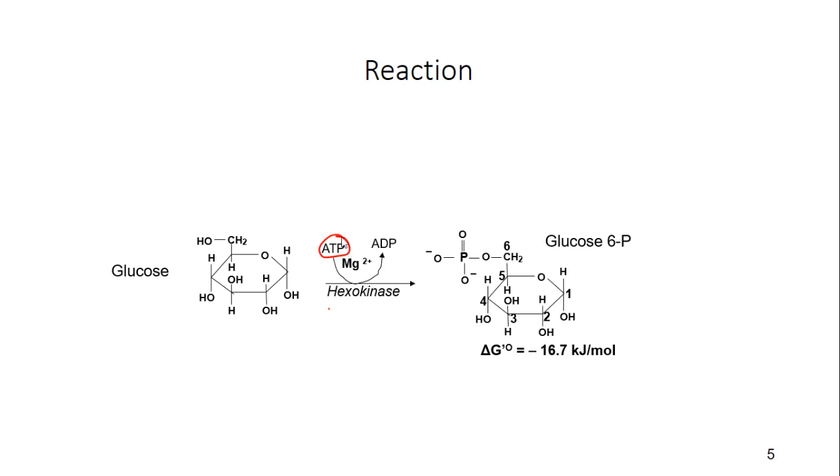So when ATP is broken down to ADP, meaning that there is a loss of a phosphate group, this phosphate group will simply be added to glucose. And remember, the enzyme which is there is just hexokinase, and this enzyme is being regulated by glucokinase.